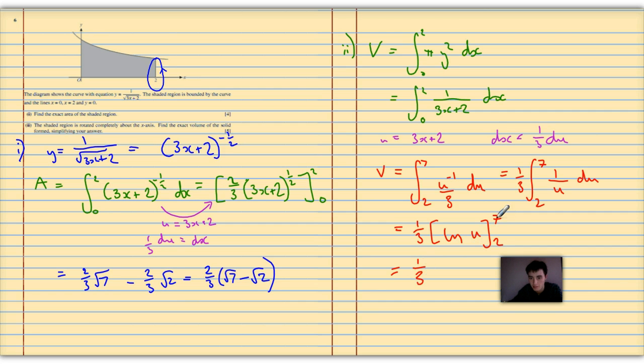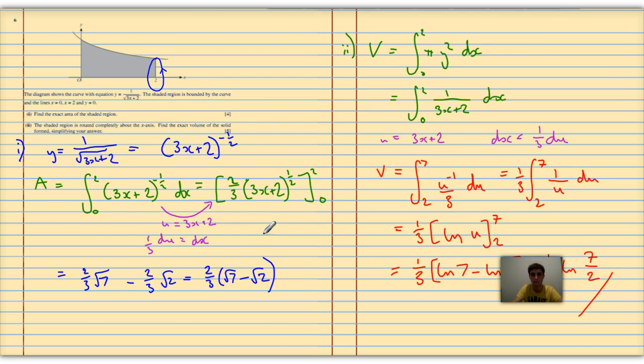We've changed the limits, so we can just plug them in. If you haven't changed the limits, you would have had to substitute 3x plus 2 back in. So that's ln of 7 minus ln of 2. Well, that's just equal to a third ln of 7 over 2. Units cubed, if you want to be pedantic. But that's done. Solved.